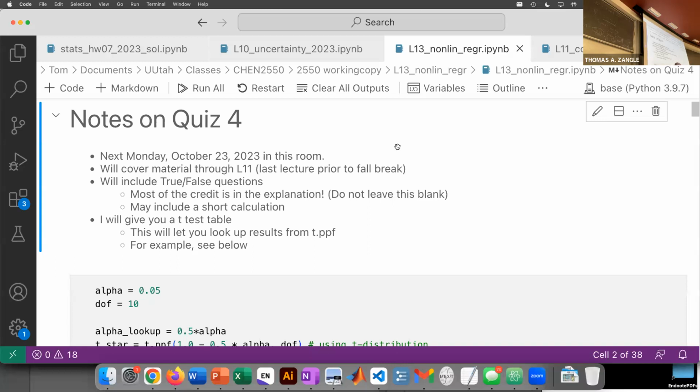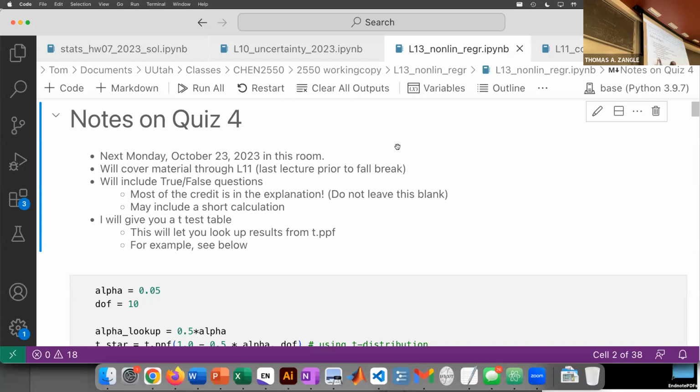Another clarification on quiz 4, which came up in questions some of you had at office hours or when talking to me, is about how to compute the t-distribution if you don't have Python. You're not going to have Python on this quiz, but hypothesis testing using the t-distribution is an important piece of what we've learned since our last quiz.